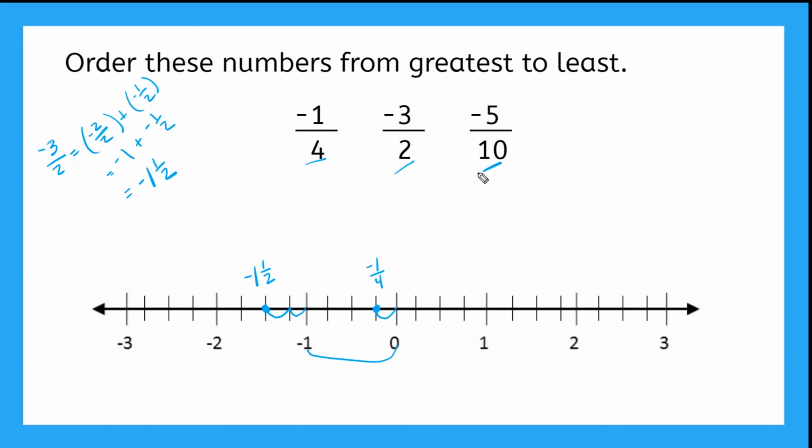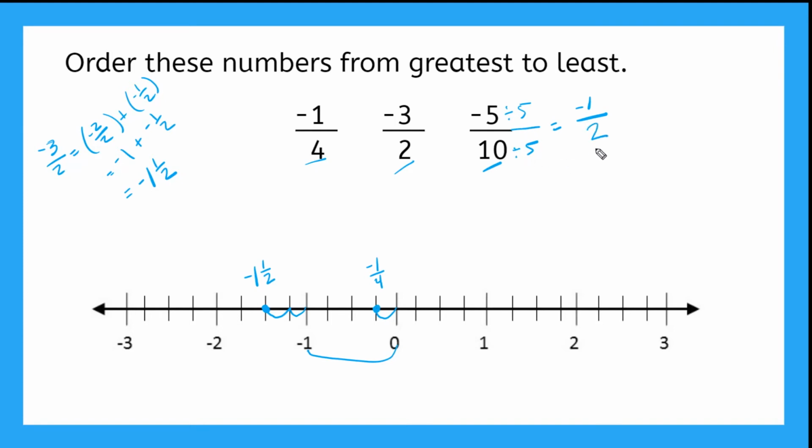Great. Now, how about this last one here? -5/10. Well, this fraction's kind of hard for me to think about, but I know I can simplify it if I divide the numerator and the denominator by my greatest common factor, which for 5 and 10 is 5. So I'll divide here by 5. Whatever I do to the top, I have to do to the bottom. And this will give me -5 divided by 5 is -1, and 10 divided by 5 is 2.